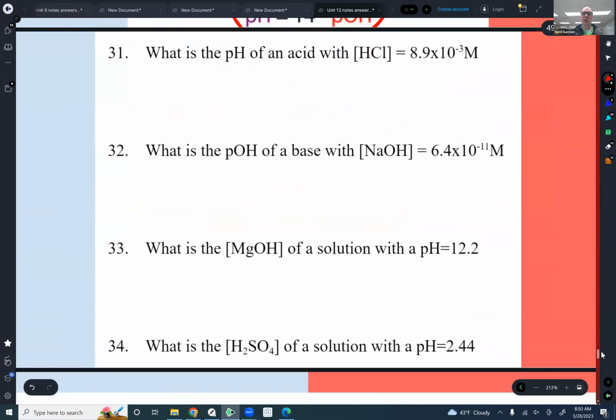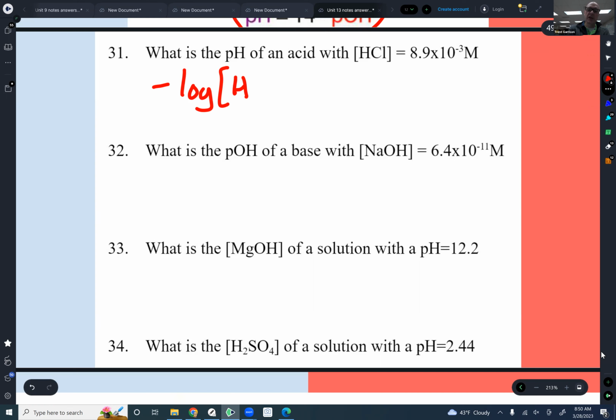All right, so let's do a couple of practice problems. You need to get out a calculator and participate fully with this one, so that you can understand how to utilize the log button on your calculator. The formula for pH is negative log of the hydrogen ion concentration. This is a strong acid.